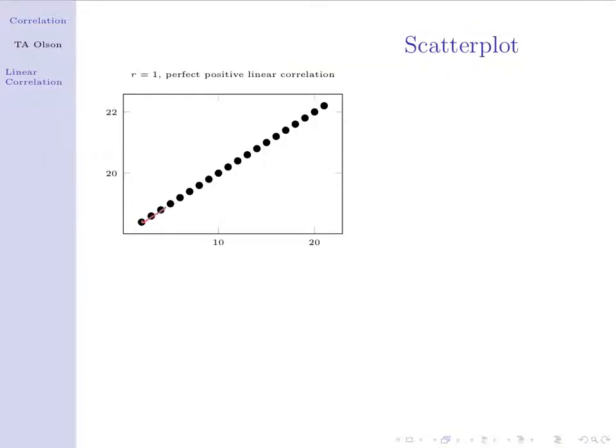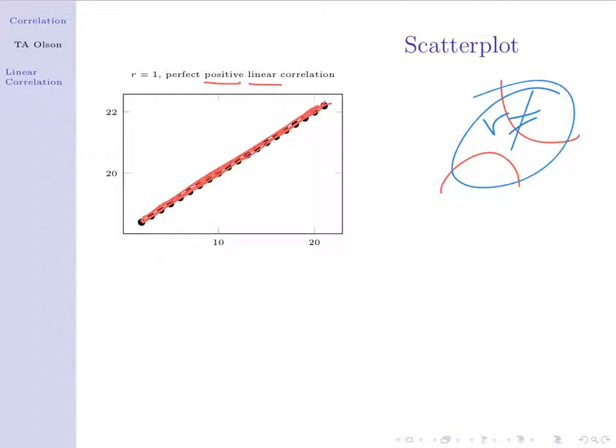If R equals 1, we have a perfect linear relationship, right? It's a positive linear correlation. Our correlation coefficient can only tell us whether or not it follows a perfectly straight line. There are certainly some other shapes that would show some kind of correlation, but R does not tell us anything about these.